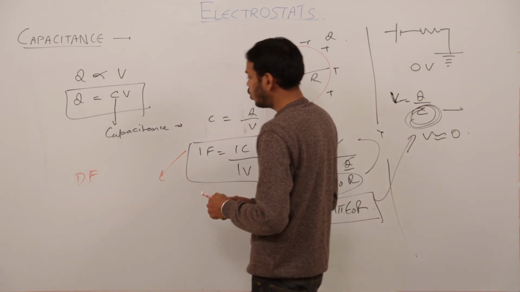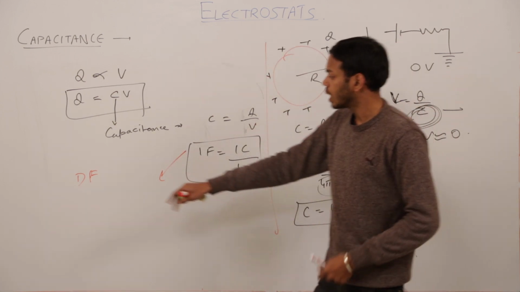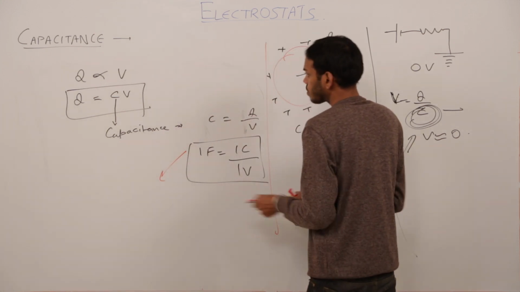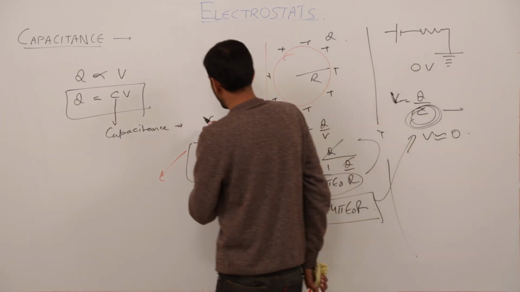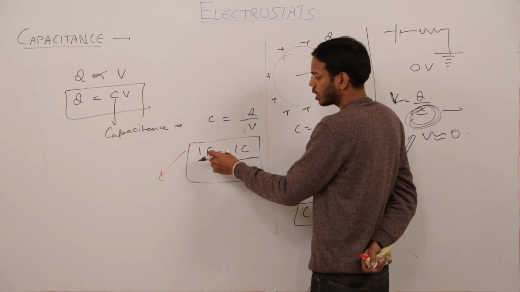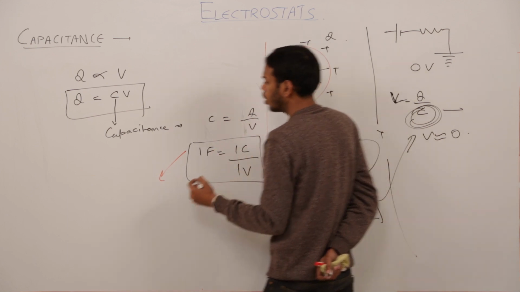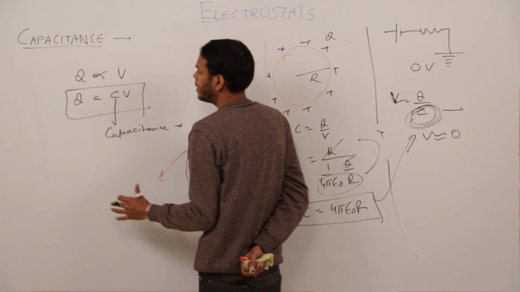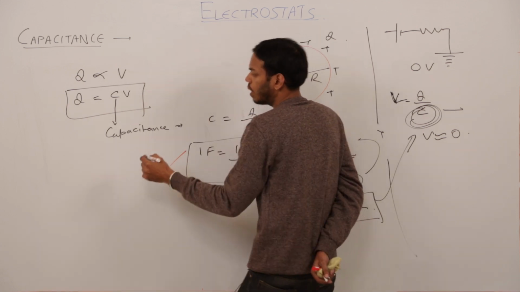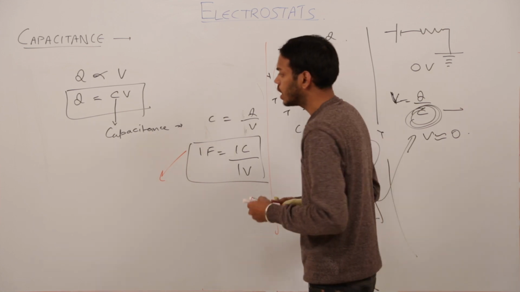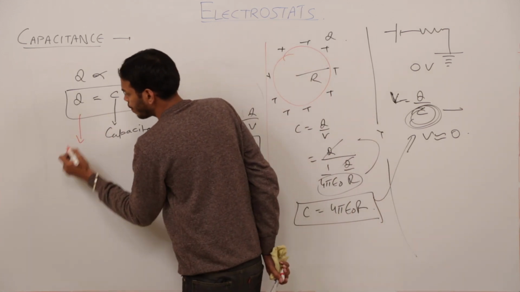Now, how do you deduce the dimension formula of any physical quantity? I have to deduce the dimension formula for capacitance, or its SI unit farad. How do we do it? There is a very simple method. I'll first use a formula of class 11th which is very easy to understand, and then we will solve it for this.